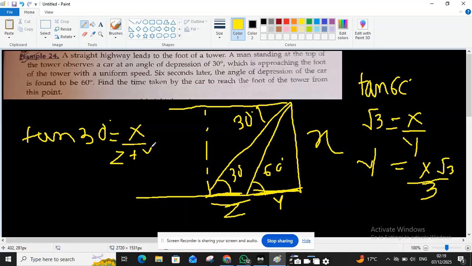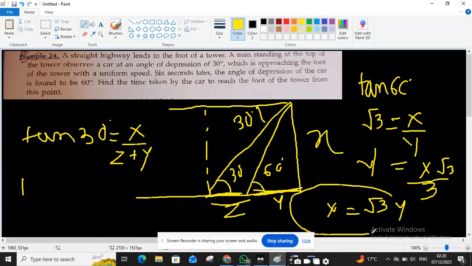We already know the value of x, that is, x is root 3 into y. Now let me put the values.